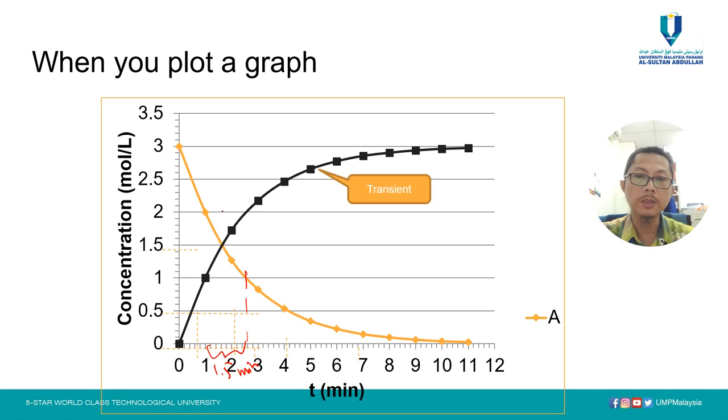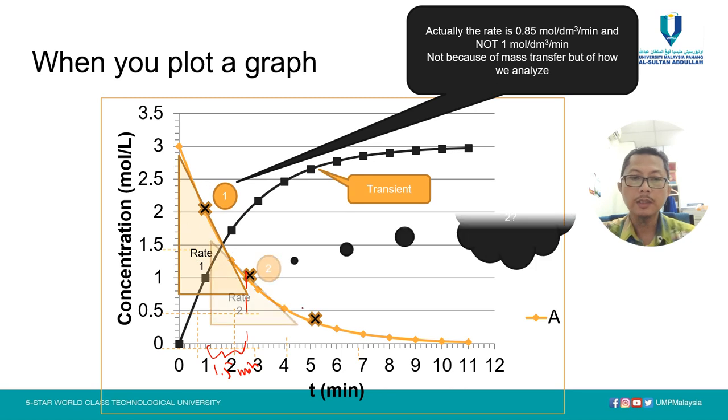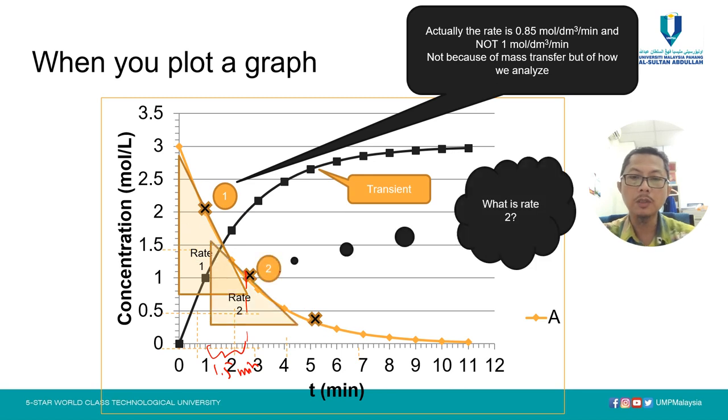Actually, when we calculate the slope of this line, it will be 0.85 mole per liter per minute, not 1 mole per liter per minute, not because of the method, but because of how we analyze. The way we analyze is by plotting the graph and finding the slope. Similarly, for rate 2, it will be lesser.